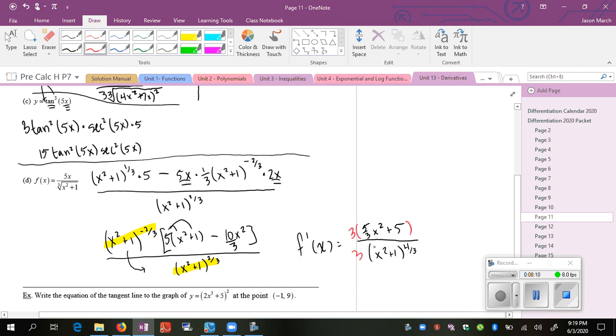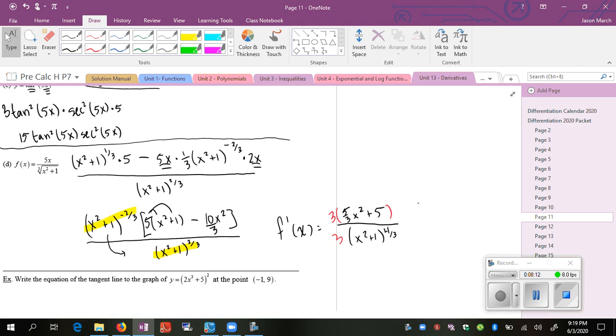So if I do that, now I have that this is really 5x squared plus 15 over 3 times (x squared plus 1) to the 4/3.